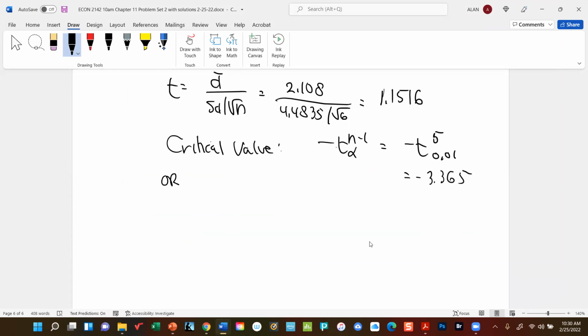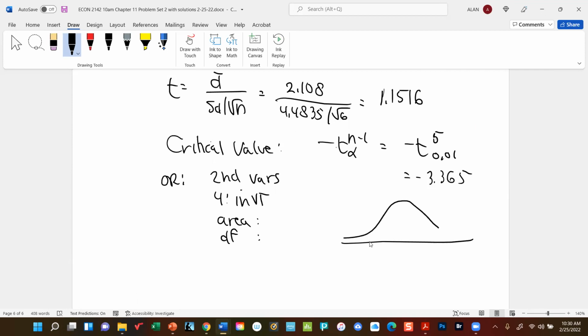Or, of course, second vars, number 4, invT. And this is a left tail test. So therefore, the error should be 0.01, with 5 degrees of freedom.